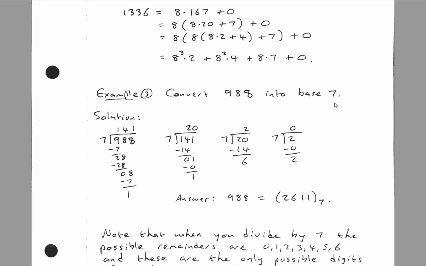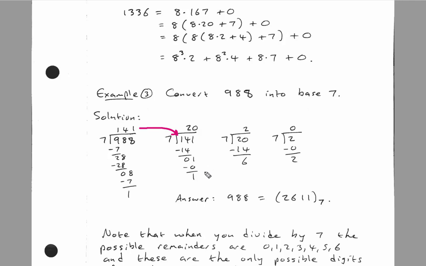So another example, let's use base 7. Convert 988 into base 7. So divide by 7, we get quotient 141, remainder 1. Then divide that quotient by 7.